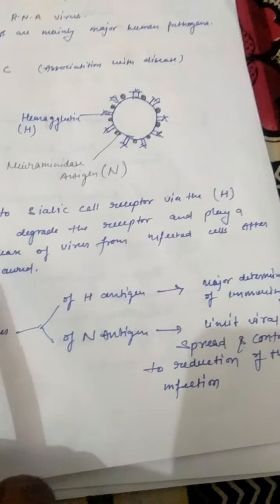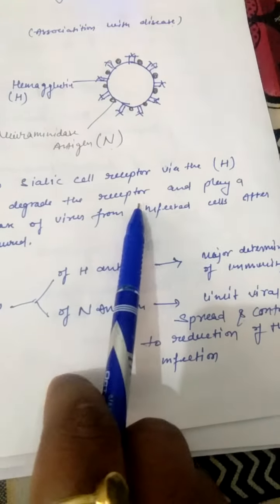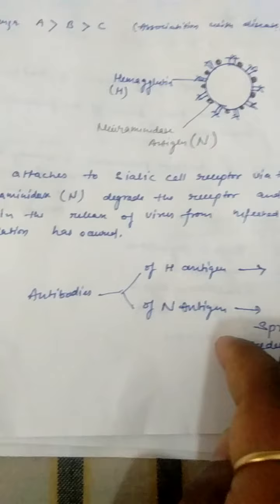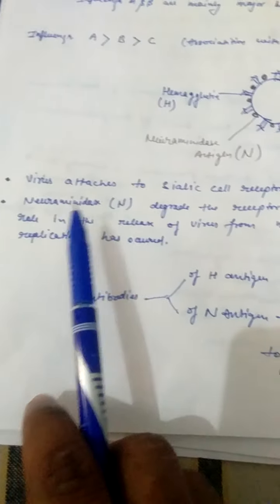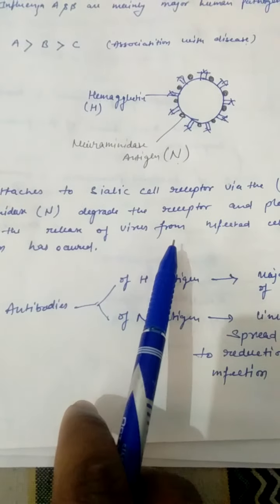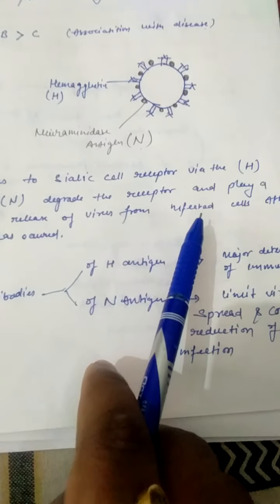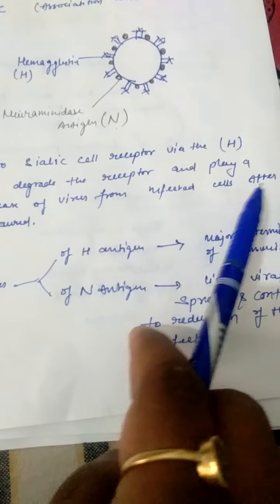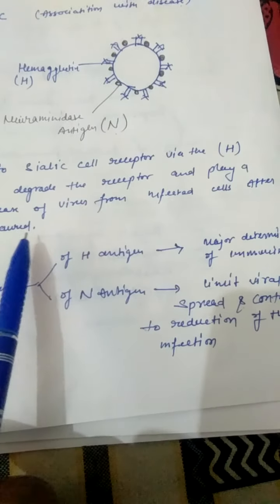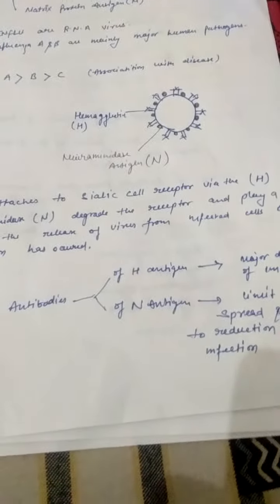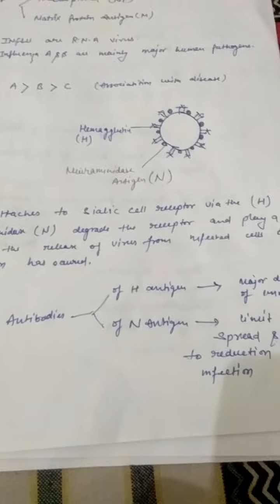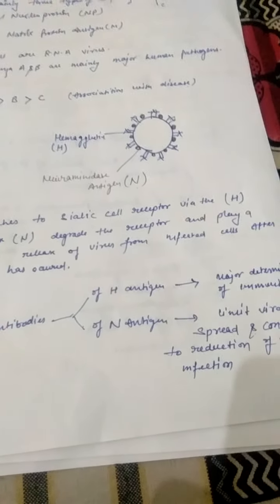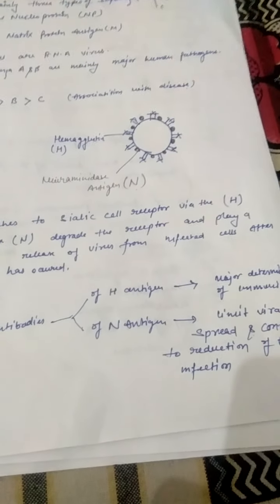Now the second thing is neuraminidase degrades the receptor and plays a role in release of virus from the infected cell after replication has occurred. If the replication procedure is completed, then neuraminidase degrades the receptor and they release its copies.